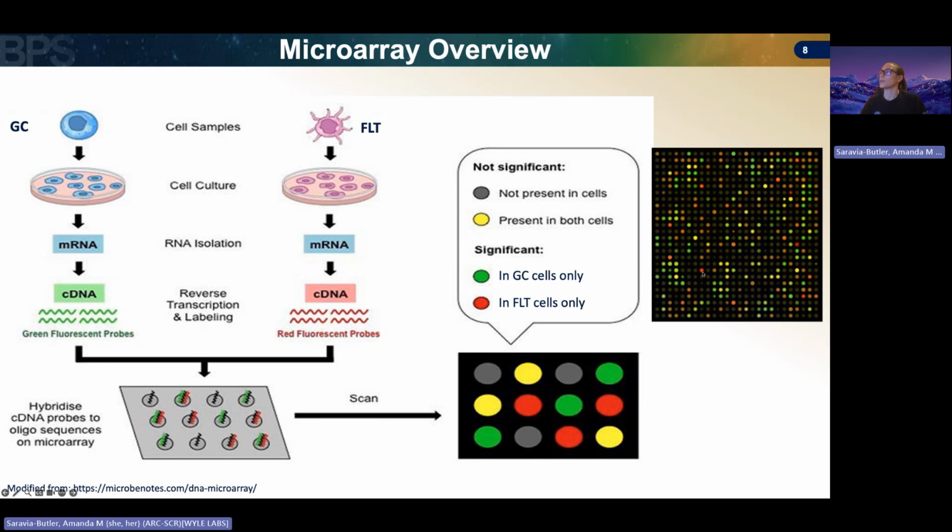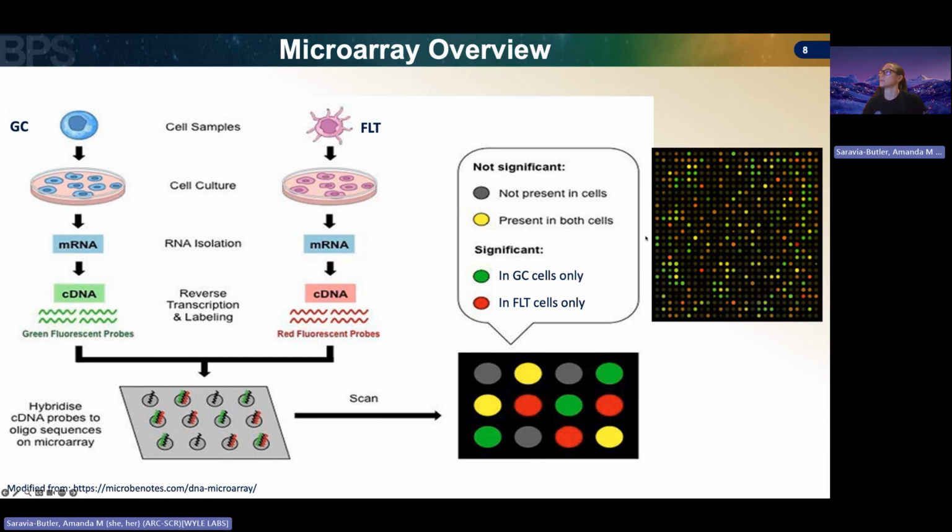And so this really bright red color here would indicate that this gene is expressed in our flight samples, but probably not in our ground control samples. Similarly, this bright green spot here is expressed in our ground control samples, but not our flight. This yellow spot would indicate that there's roughly equal expression of that gene in both our flight and our ground control samples.